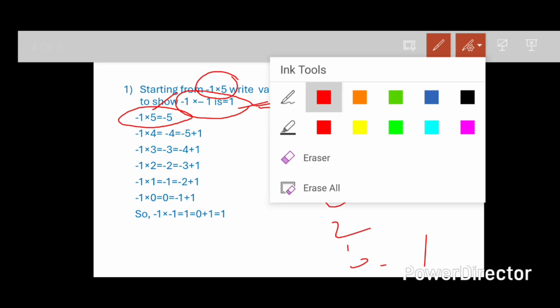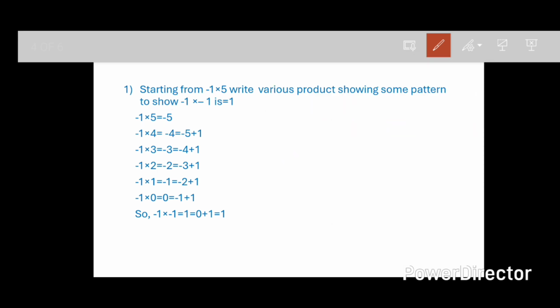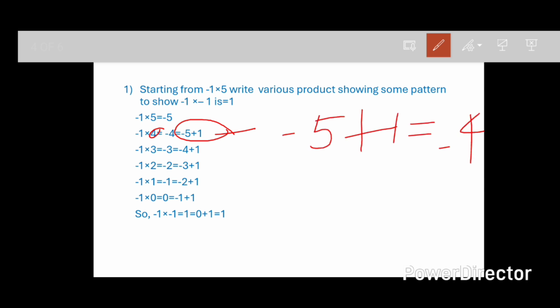So just observe the next step. After 5, which number? 4. Minus 1 into 4 becomes minus 4. How should we write this minus 4 using these numbers? Minus 5 plus 1. Minus 5 plus 1 means if we subtract we will get the answer minus 4.